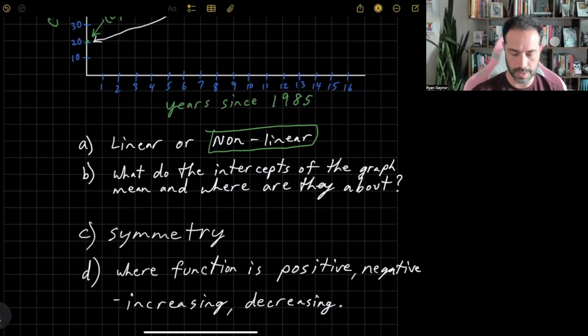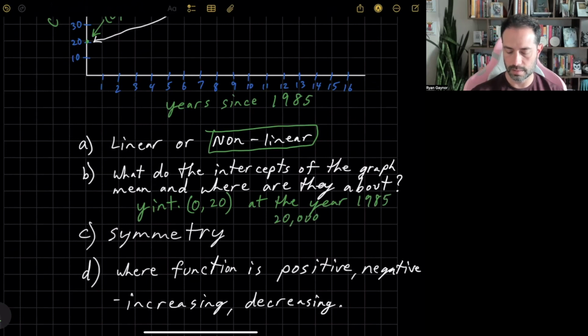Okay, so we have a y-intercept, and that's at 0, 20, so it means at the year 1985, 20,000 cars sold. All right, so for this problem, that was the beginning, right? Because they wanted to start at 1985.